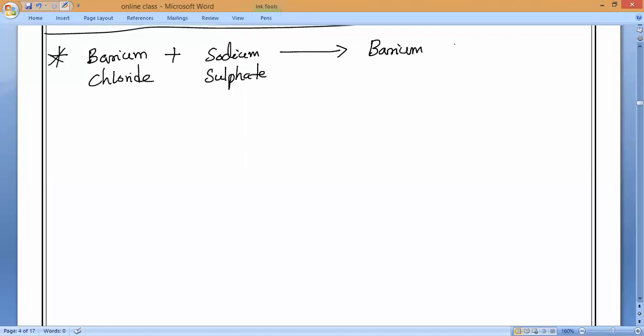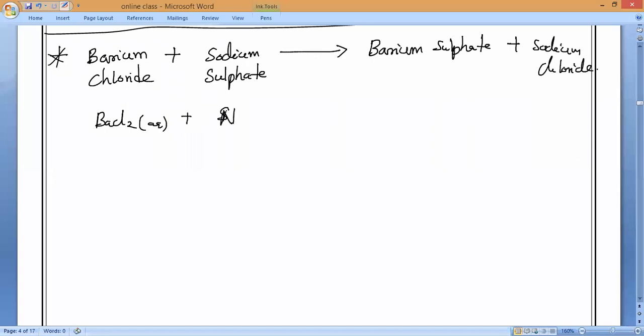Already we did the first activity, this one. Barium sulfate plus sodium chloride. Formulas: barium chloride, BaCl2. Sodium sulfate, Na2SO4. Very good. Gives you products.